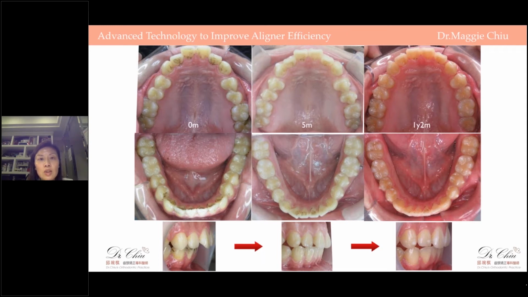You're going to get good arch form if you have a good attachment design and you have a compliant patient, okay? I only ask the patient to pull class 2 elastics on the left quadrant, okay? And you can see all the spaces that open up during 5 months, okay? The tracking is good, okay?